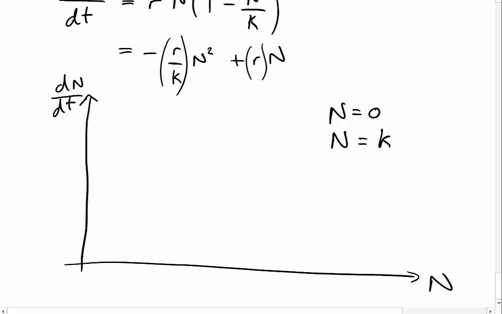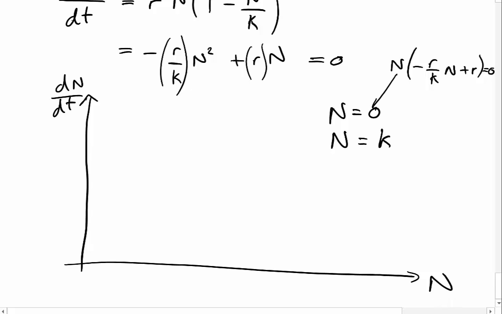Effectively, set this equal to 0 and solve. We get minus r over k times n squared plus rn equals 0. I'll factor out an n, so I end up with n times minus r over k n plus r equals 0. That implies that n equals 0, which gives me that solution.